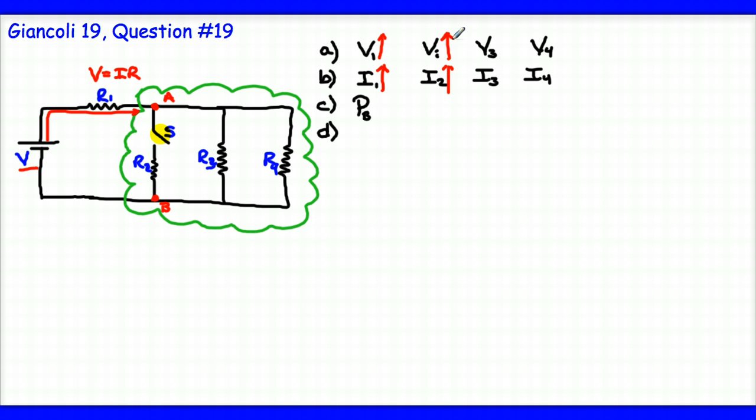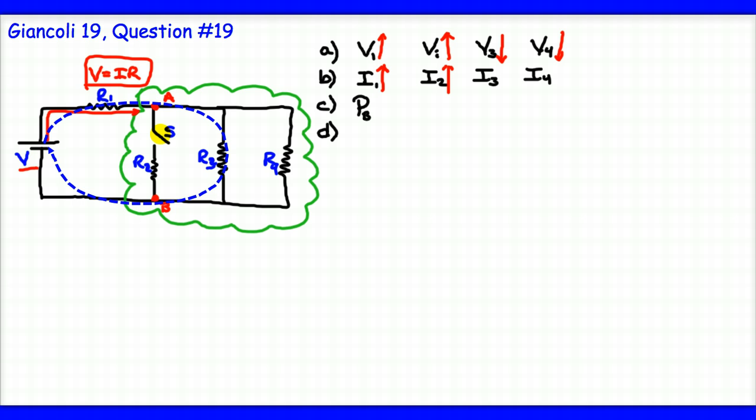However, the voltage dropped across R3 and R4 has gone down from what it used to be, because I've dropped more across R1. Based on a single loop that I would draw, perhaps this dashed line, there's less voltage dropped across R3, and for the same reason, the voltage dropped across R4 goes down.